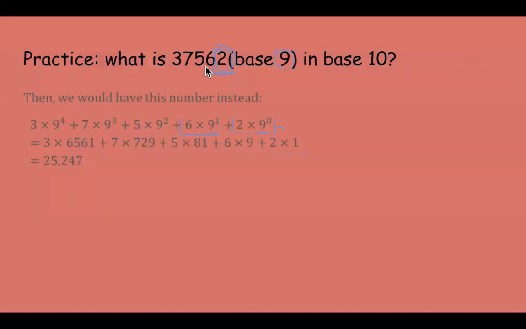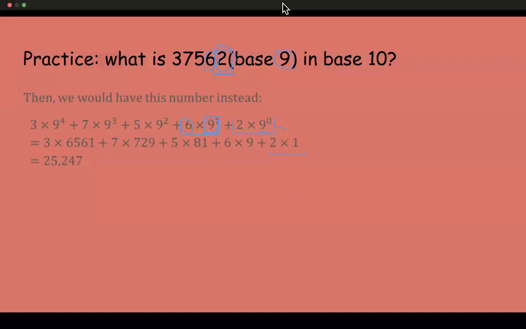On the second digit, it's 6, and because it's the second digit, we times it by 9 to the power of 1. That's how base numbers work. So for this one, we'll get the result of 6 times 9 to the power of 1. Does anyone know what that is? You can type it into the chat.